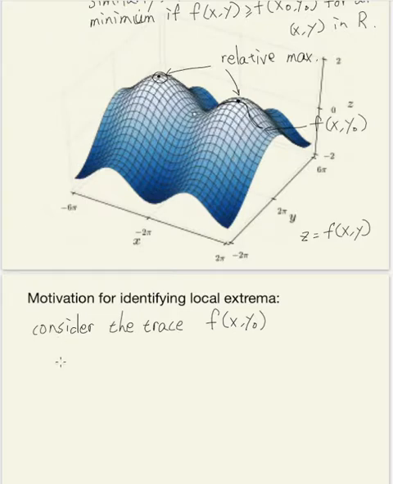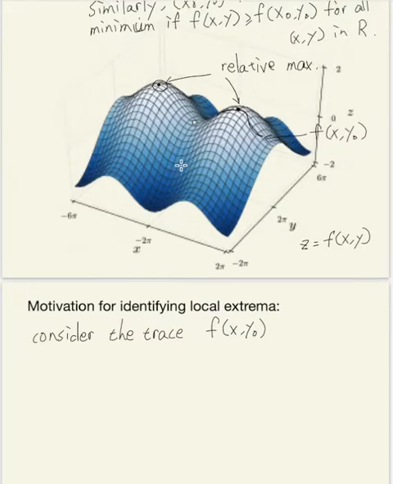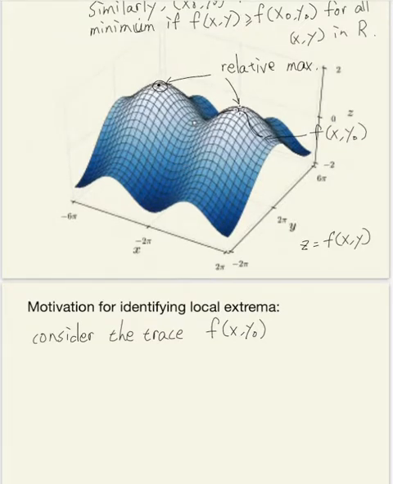So that tells you the slope at that point on this curve is horizontal.